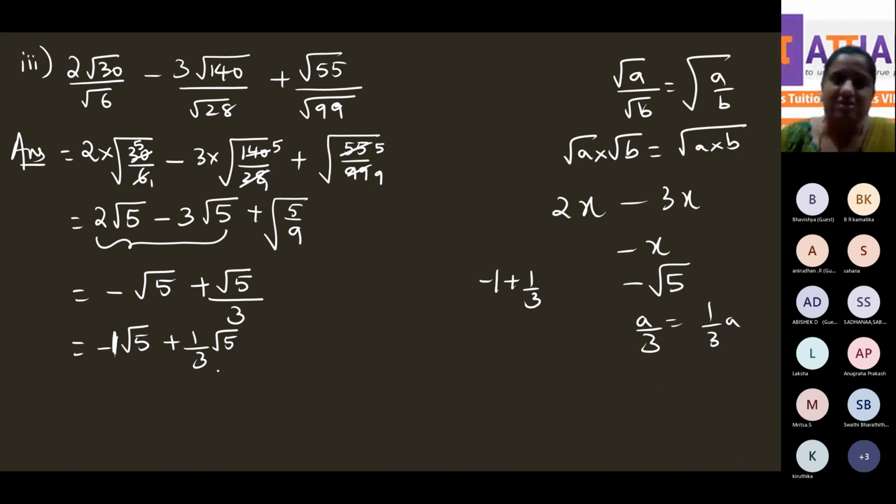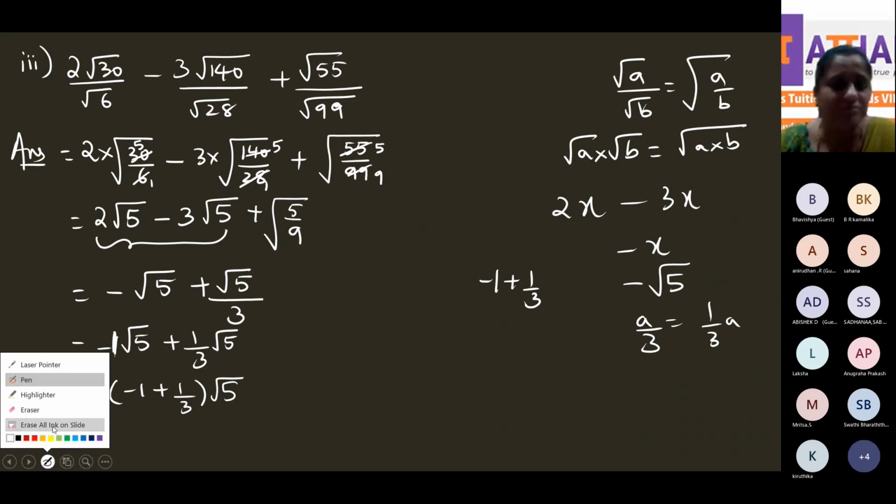Like surds, simplify the numerical coefficients. You can just do it like this: taking out root 5 common. Root 5 is common, so in the bracket you will have minus 1 plus 1 by 3.